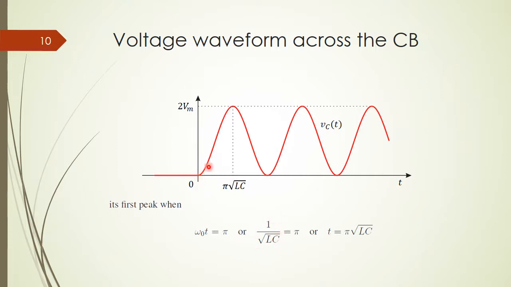We can find that the first peak occurs when omega t equals pi, or t equals pi times square root of LC. And the peak here is twice the maximum voltage that we discussed. Because we assume that there is no resistance and the line is lossless, the oscillation will continue forever. But in reality, it will be damped back to normal after a short while.